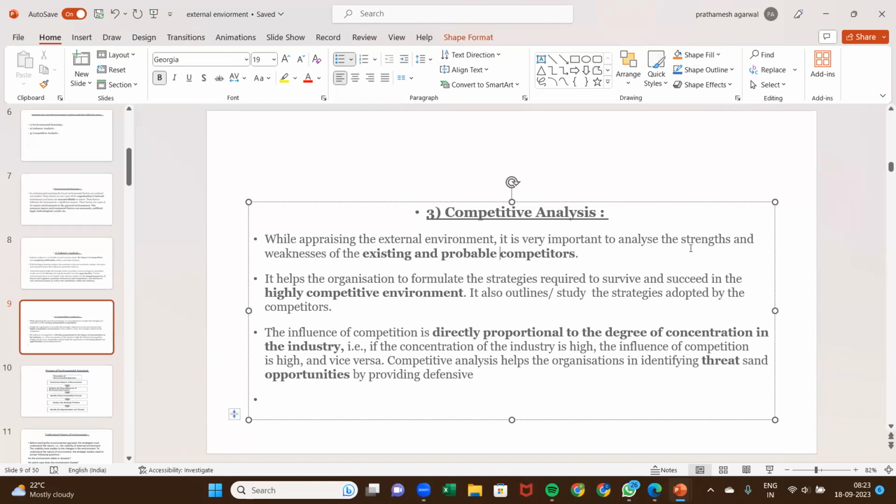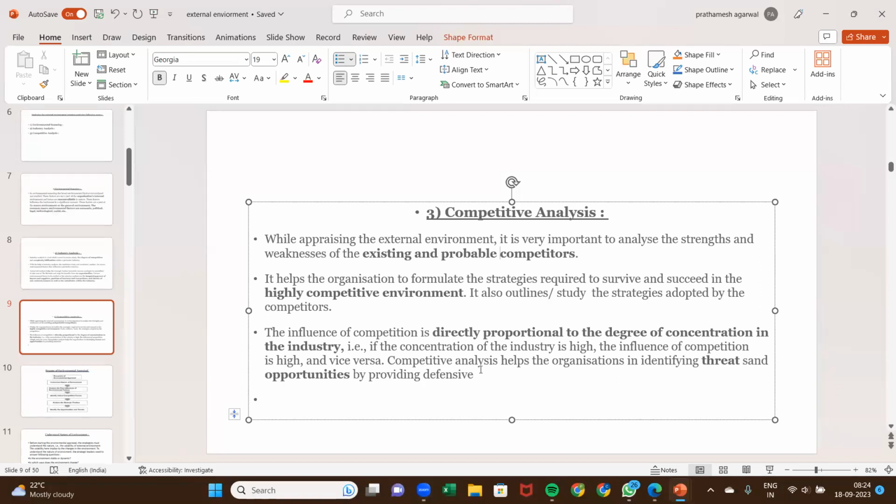Now, why do the strategies have to be formulated? Because every business needs to survive and succeed in the highly competitive market. It also outlines or studies the strategies adopted by the competitors, right? The business is taking care of itself also, and side by side, it is trying to study the competitors.